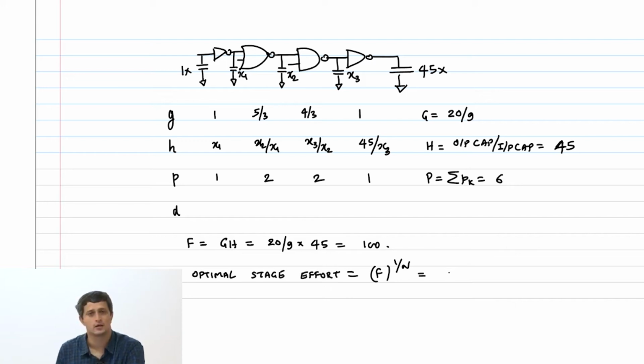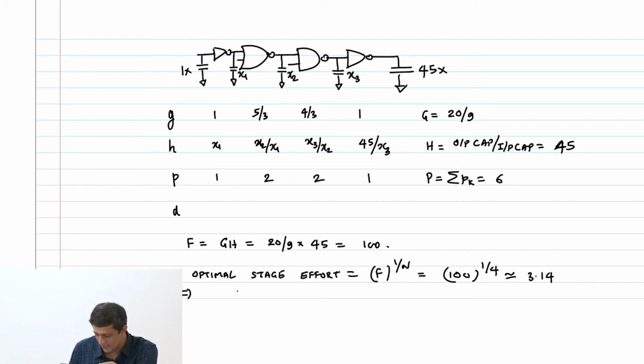And therefore you will get 100 power 1 by 4. So you get about root 10, which is approximately 3.14, let's say pi. So this is the optimal stage effort that you have to get.